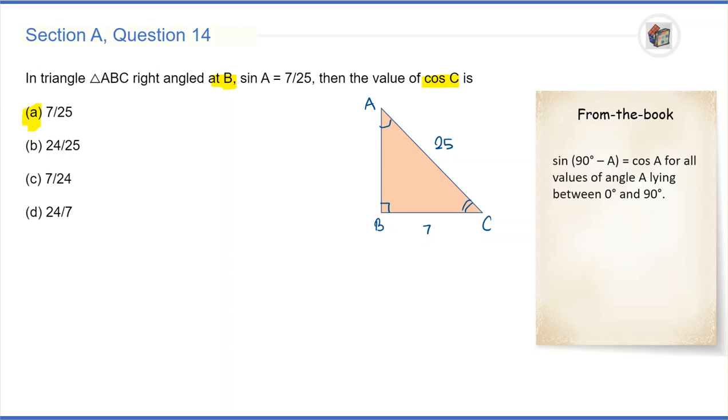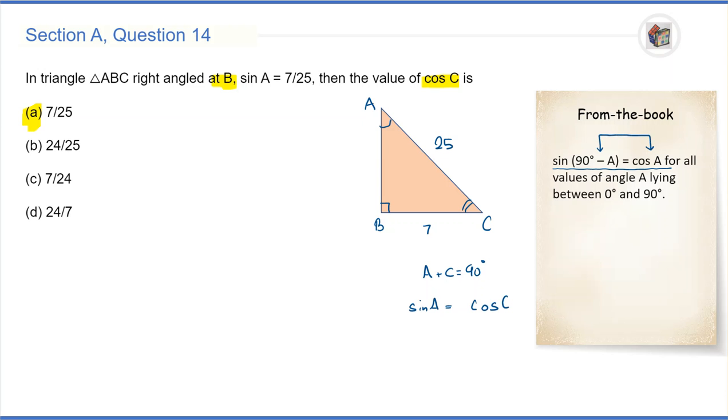Another way is to see that sine of (90 minus A) is equal to cos A whenever your angle is between 0 and 90. In this case, you see that if A is here, C is here, you already have that A plus C is 90 degrees. That means sine of one angle has to be equal to cos of the other angle. Just observe this property carefully.